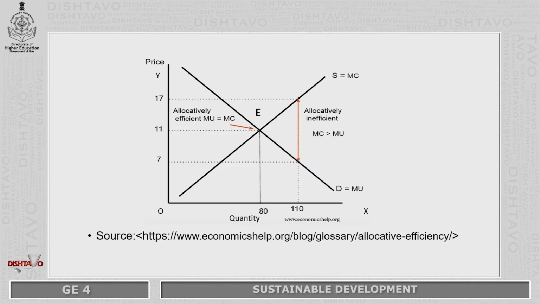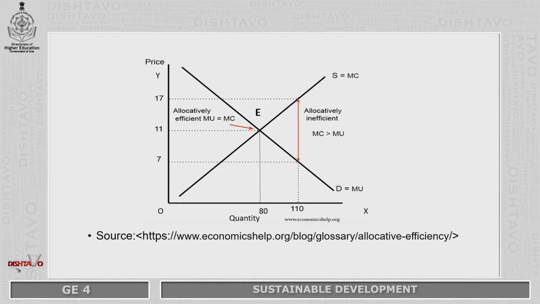On the x-axis we have quantity being plotted and on the y-axis we have the price. We have the demand curve and the supply curve. The supply curve is equal to the marginal cost while demand is equal to marginal utility. The point of intersection of demand and supply, that is point E, has quantity of 80 units and price of 11 units.